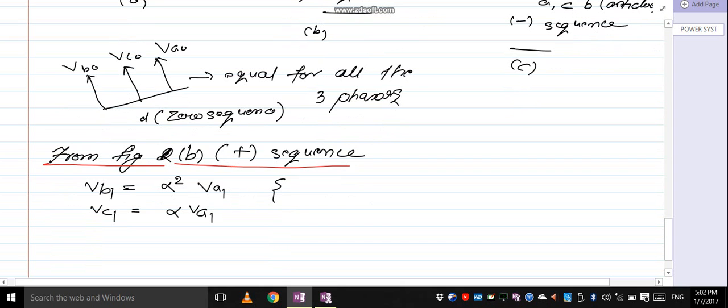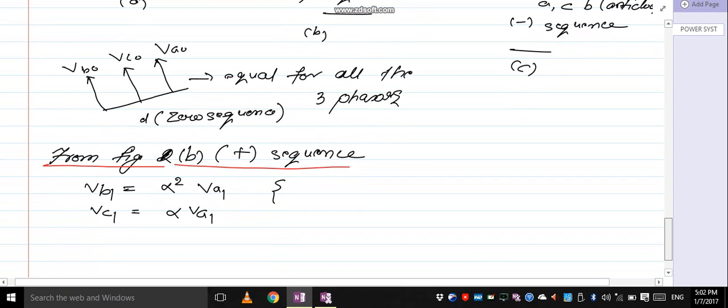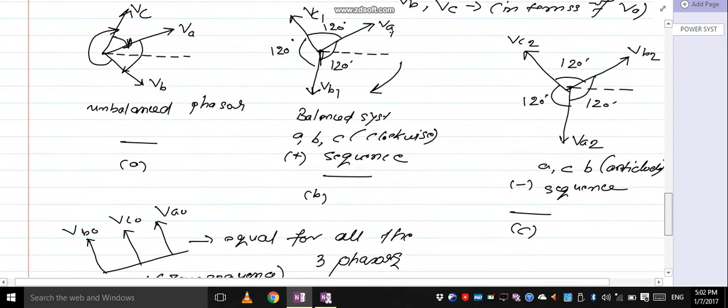From the positive sequence, the phasor VB is lagging, or you can say VB lags VA by 120 degrees.